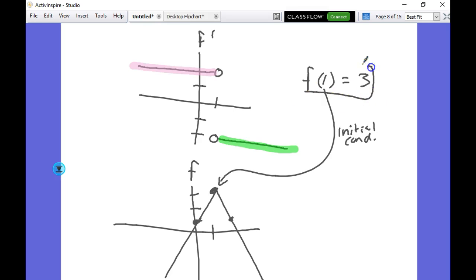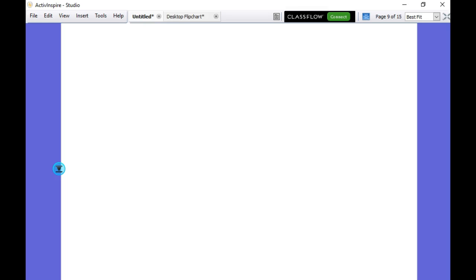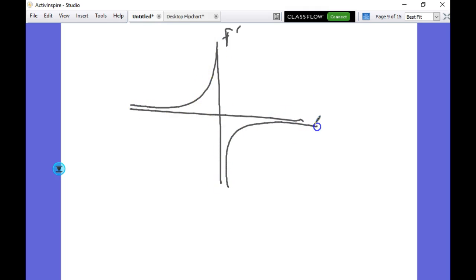Because I gave you this initial condition. Yeah, I told you that dot has to be on F. So, all right, let's do another one. You guys see if you can do it.